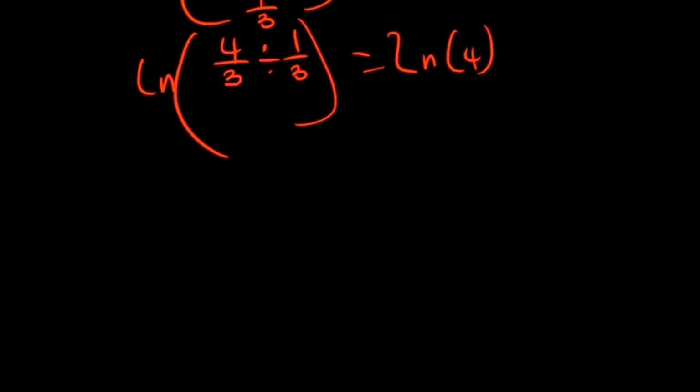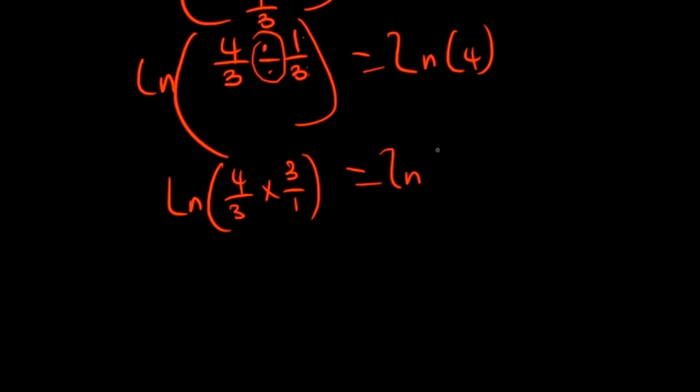Now, next up, let's take the reciprocal. We'll change this sign from division to multiplication by taking the reciprocal, in the sense that the 3 goes to the top, the 1 comes to the bottom. What are we left with? ln, we have 4 over 3 times 3 over 1. This is equal to ln 4.